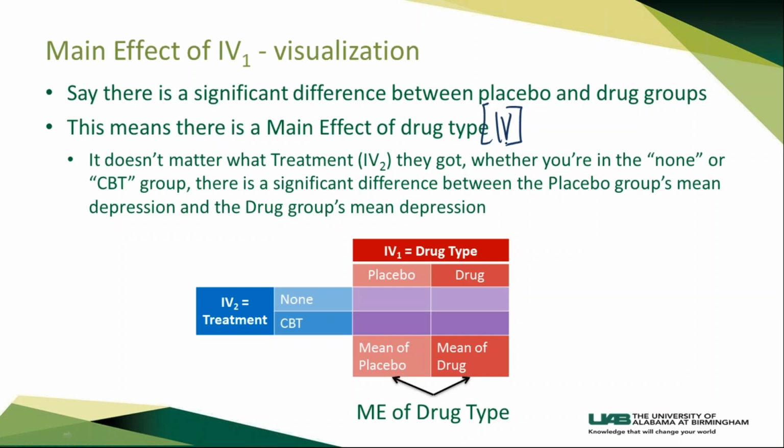When there's a main effect of drug type, that means it doesn't matter what treatment they got. We really don't care about independent variable 2. So whether you're in the no treatment group or the CBT treatment group, it doesn't matter. There's a significant difference between placebo and drug on the drug type independent variable. That's really all a main effect says.